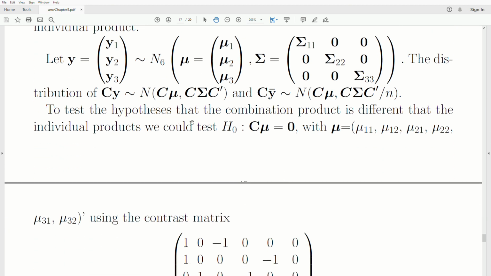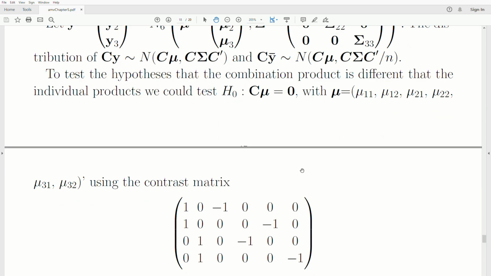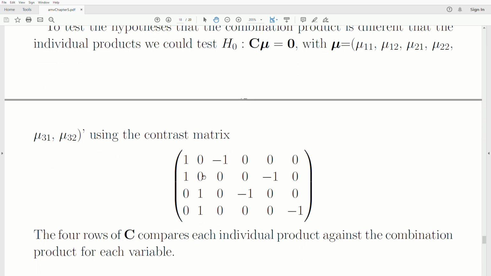But now, to test the hypothesis that the combination product is different than the individual products, we could test this. Null hypothesis, C times mu is 0. With mu, of course, the mean vector, but the contrast matrix is this. So this is the first component of population 1 compared with the first component of population 2. Are they the same?